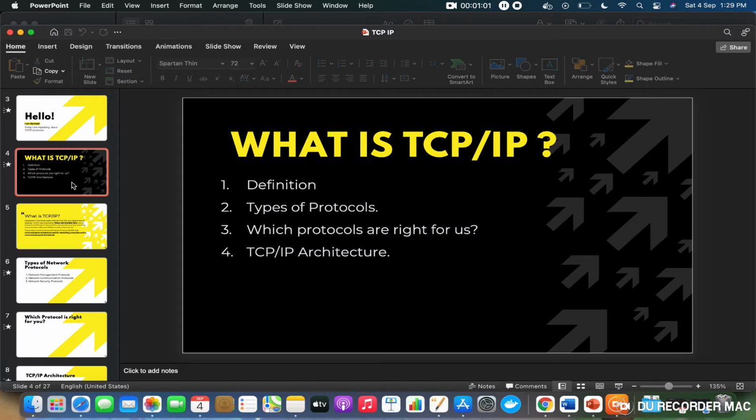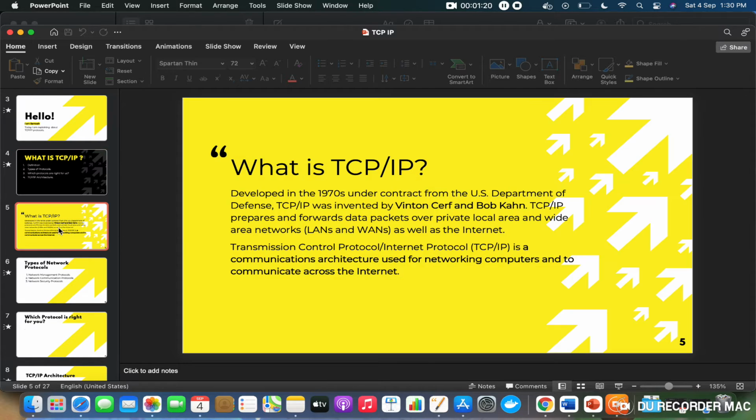There are different types of layers that collaboratively work and transmit the data from one layer to another layer. So this is the agenda for us: we are going to learn the definition, types of protocols, what is the right protocol for us, and what is the TCP/IP architecture.